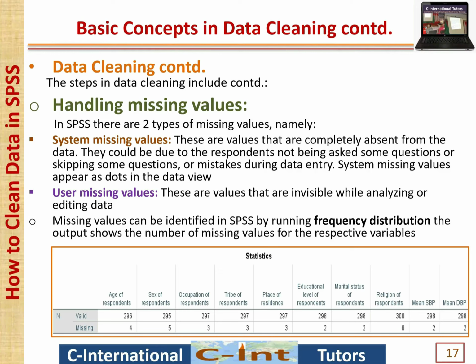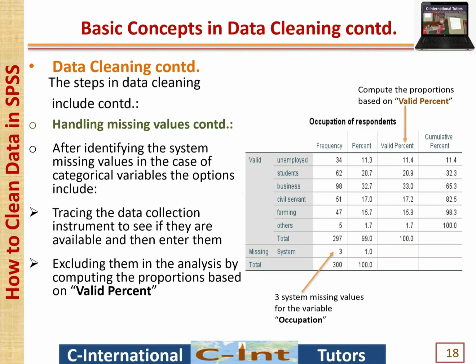After identifying the system missing values, in the case of categorical variables, the first thing to do is to trace the data collection instrument to see if they are available and then enter them. If they are not available, then the only option is to exclude them in the analysis by computing the proportions based on the valid percent.